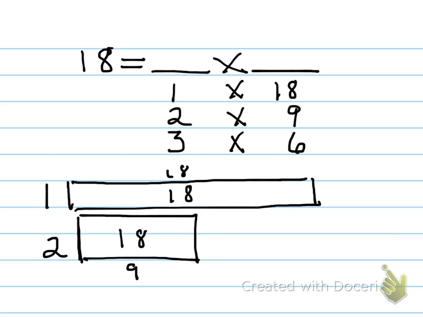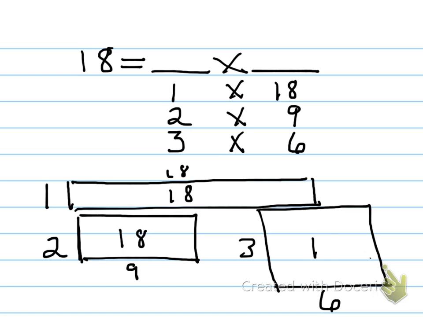Let's go on here. 3 times what, boys and girls, equals 18? You're right. 3 times 6 equals 18. So the factor pairs of 18 are 1 and 18, 2 and 9, 3 and 6. Or another way is to write the factors of 18 from the least to the greatest. The factors of 18 are 1, 2, 3, 6, 9, and 18.